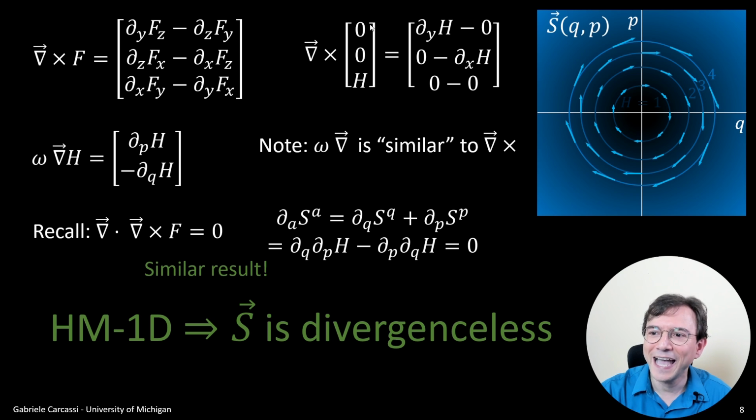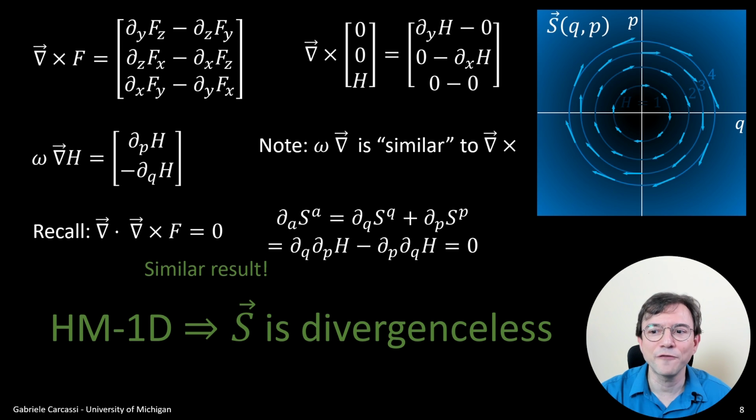In fact, if you had a vector field with components 0, 0, and H, you would see that you would have a derivative in terms of y of H minus a derivative in terms of x of H. So there is some similarity between what we have here and what we have here, right? It's some kind of vector calculus type thing that we are doing.